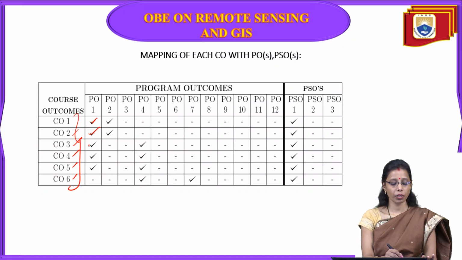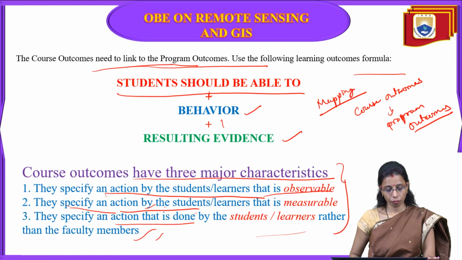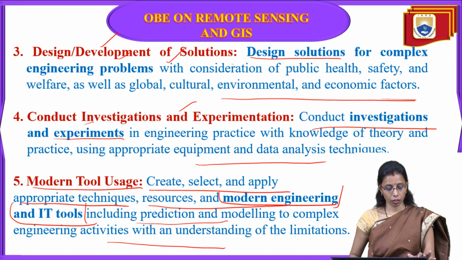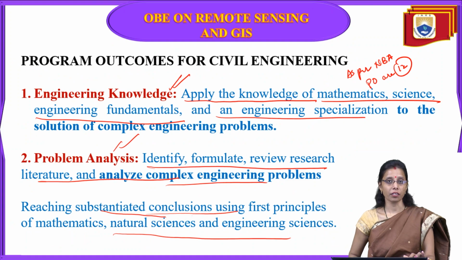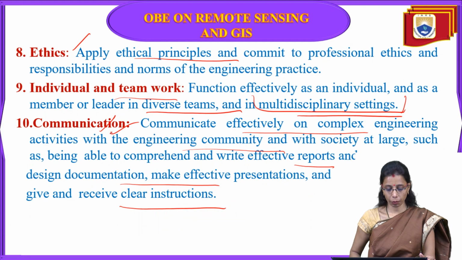Now CO3 also is mapping with engineering knowledge. So CO1, how many program outcomes it is mapping, we will see. So CO1 is mapping with engineering knowledge and the second one is problem analysis. If we go back to this, the second one is problem analysis. So it is mapping with engineering knowledge as well as problem analysis.